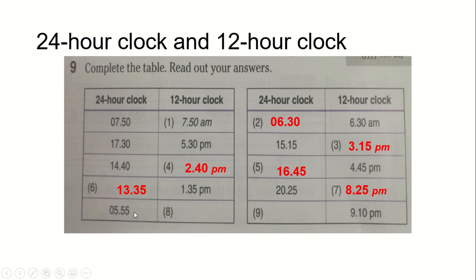Number 8, here it's less than 12, so we add nothing, or we don't take out anything. It's already less than 12, so it's 5:55. The only difference is AM. And finally, number 9, good, we should add 12, so it becomes 21:10 without AM or PM.